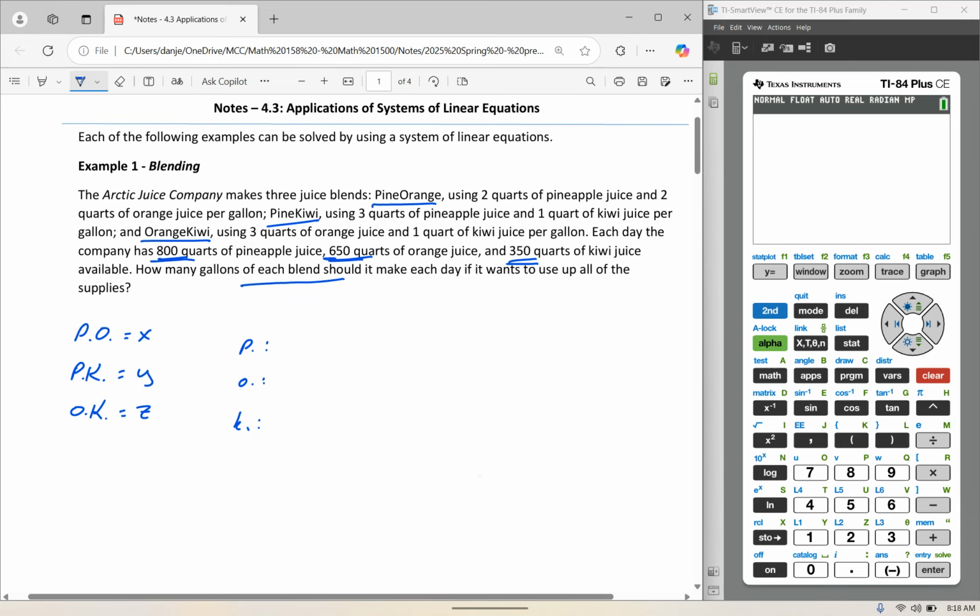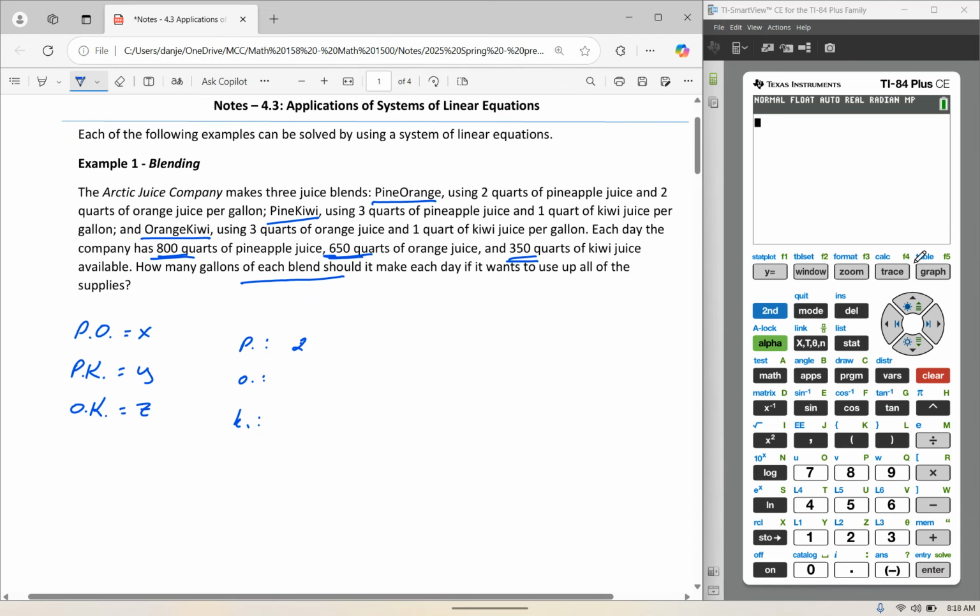Pine orange uses 2 quarts of pineapple juice and 2 quarts of orange juice for each gallon. The pine kiwi is going to use 3 quarts of the pineapple juice and 1 quart of the kiwi juice. Notice the pineapple juice: 2 quarts goes into the pine orange blend and 3 quarts goes into the pine kiwi blend. Then the orange kiwi uses 3 quarts of orange juice and 1 quart of kiwi juice.